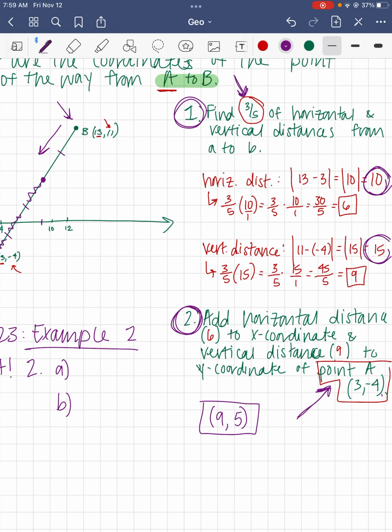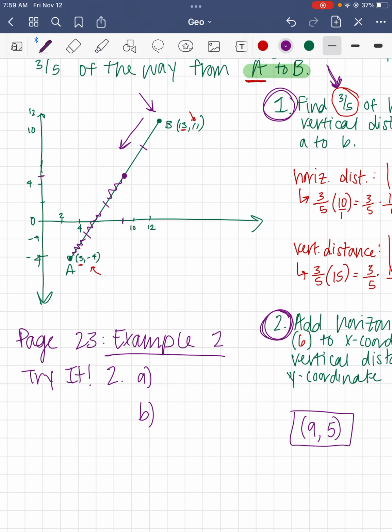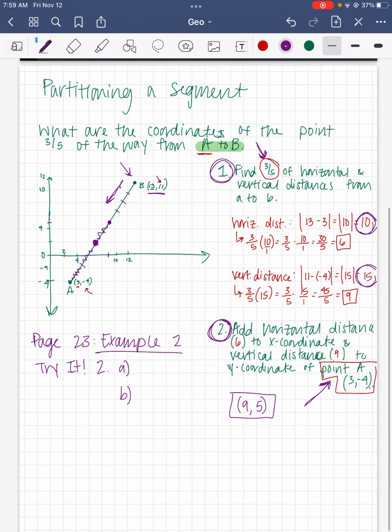Okay, and once you have these new distances, you're actually going to be subtracting those from the B coordinates, because you're going from B to A, so you're going 4/5 of the way down. So here's 1/5, 2/5, 3/5. So your point is probably going to be somewhere around here, and just by eyeballing it, I'm going to guess it's 6, 2. I don't know. Let me know if I'm right. Okay, so that's what I want you to work on now for the rest of class.